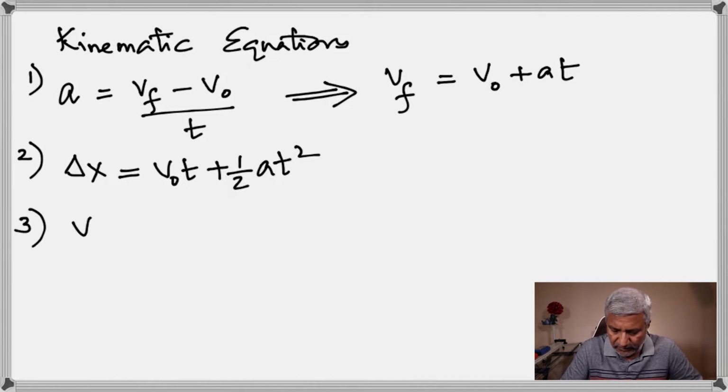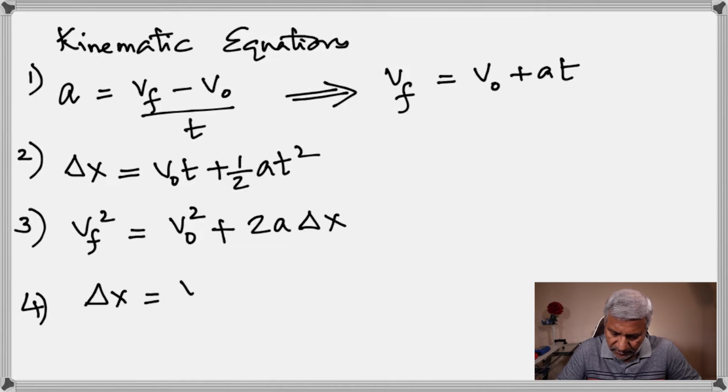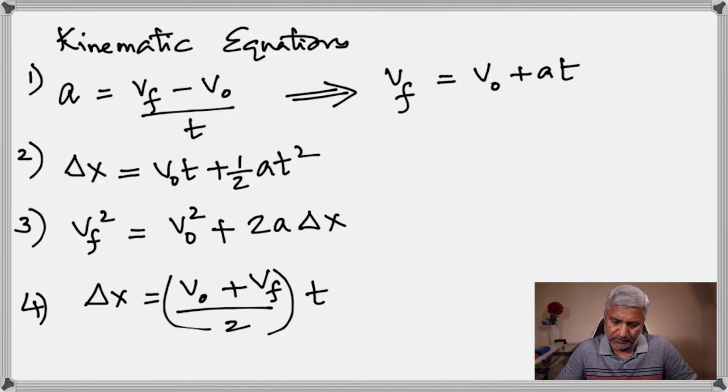Number 3, final velocity squared is equal to initial velocity squared plus 2a delta x. And I'll give you one more that may or may not be on the formula sheet. Delta x is v naught plus vf over 2, multiplied by time.